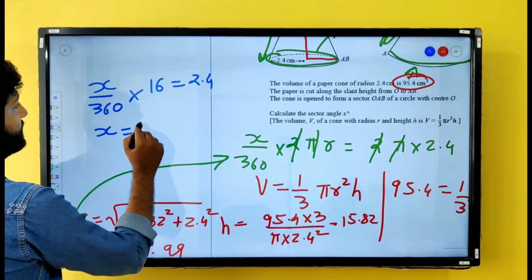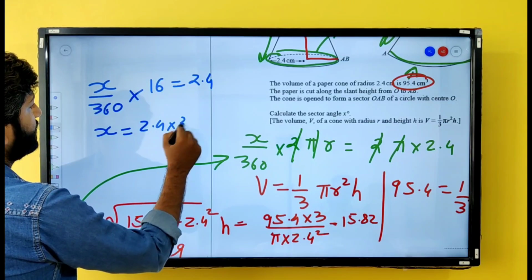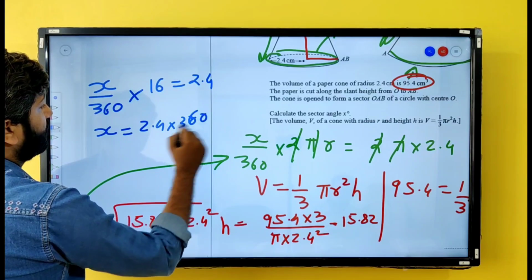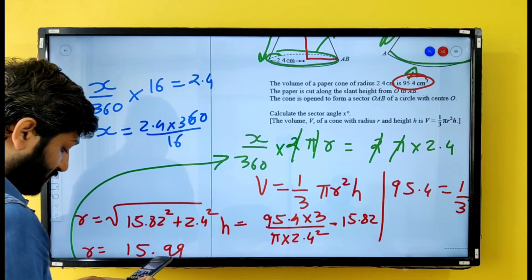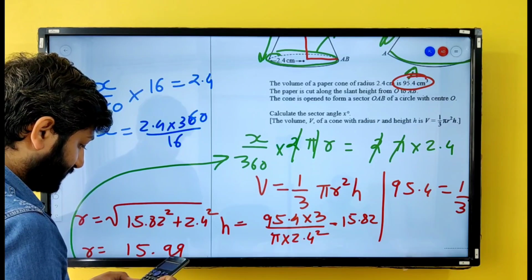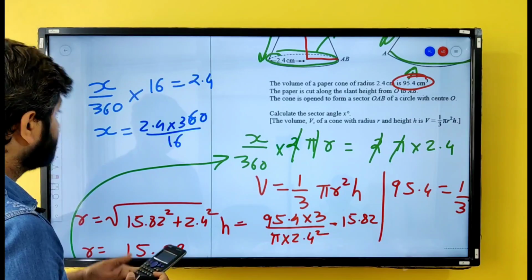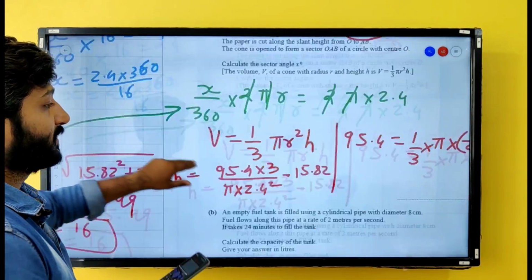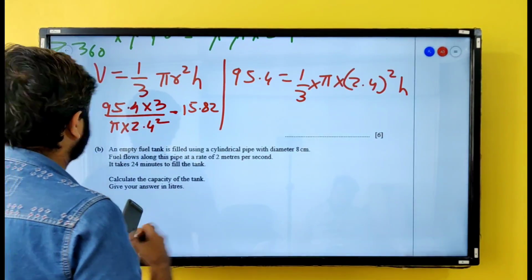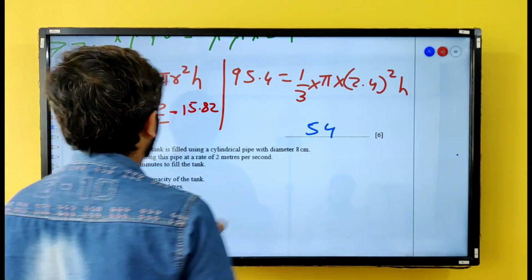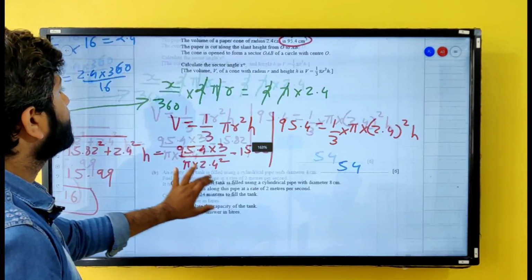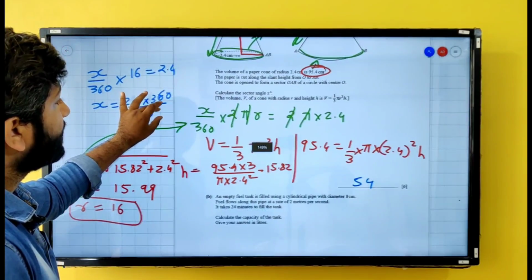So my x is 2.4 into 360 divided by 16, which is 54. So my angle x is 54 degree, right?